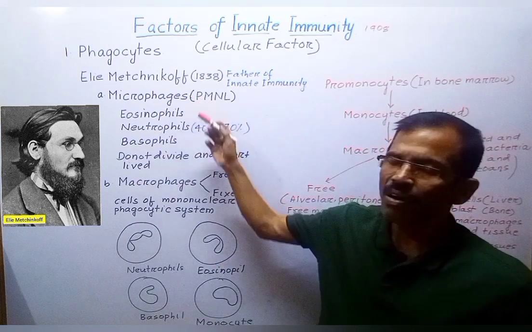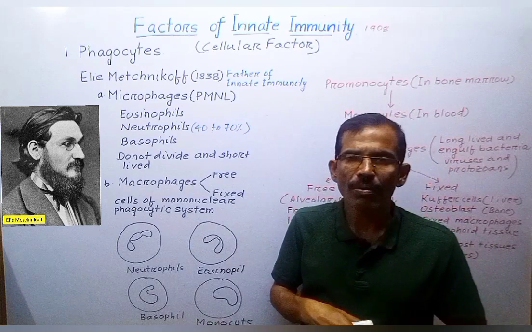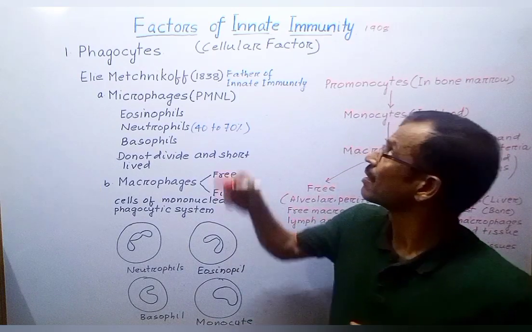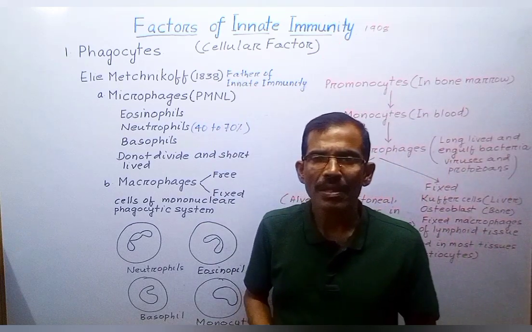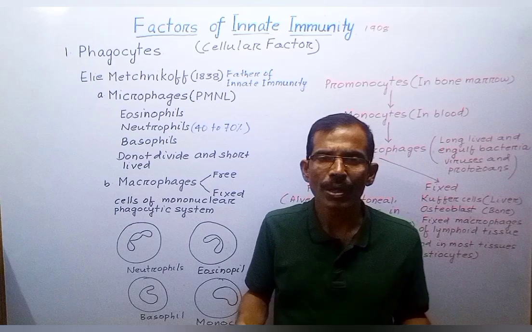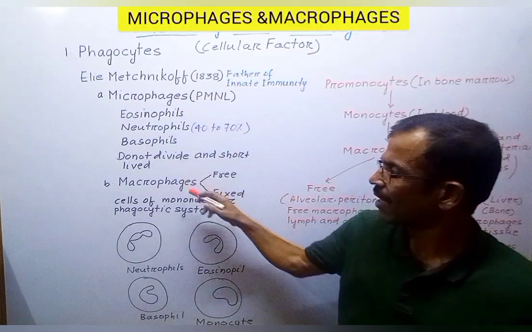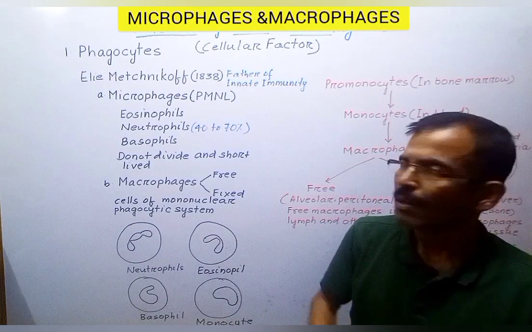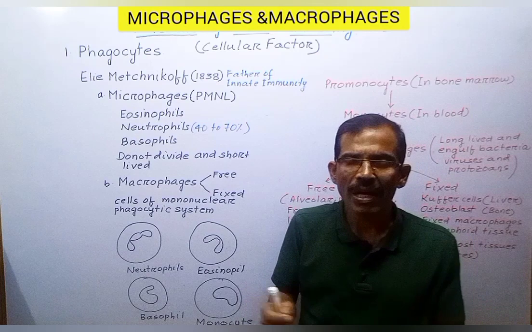Metchnikoff, along with Paul Ehrlich, was jointly awarded the Nobel Prize for Medicine in 1908. Two types of phagocytic cells are associated with innate immunity. They are microphages and macrophages. Microphages are polymorphonuclear leukocytes.